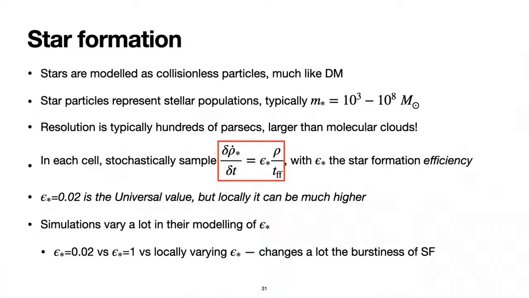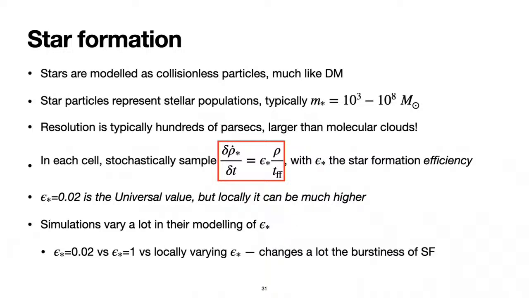Then you need to form stars. So individual stellar populations are just modeled as collisionless particles. So you evolve them with just the pure movement acceleration equation that I was showing you in the first slide. They have pretty high stellar masses, so these are stellar populations. Then when the gas becomes dense enough, you decide to form stars out of that gas.